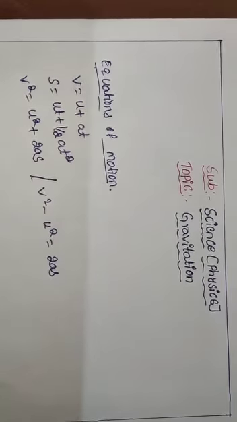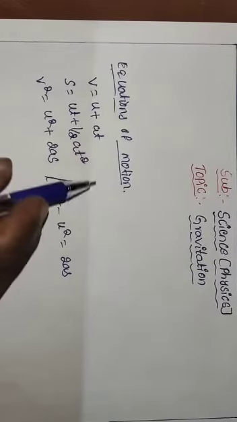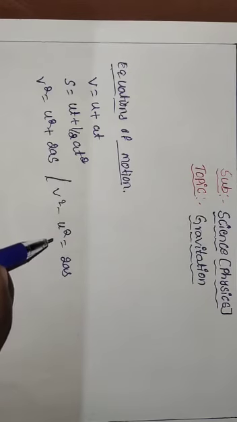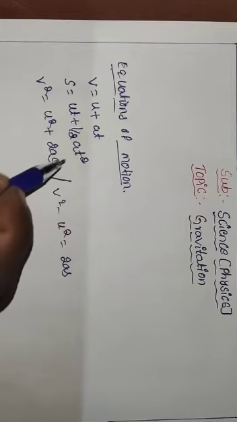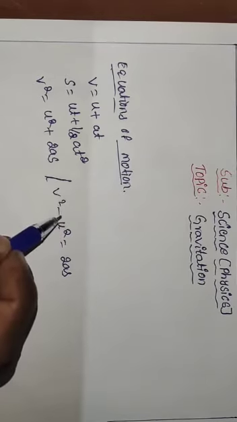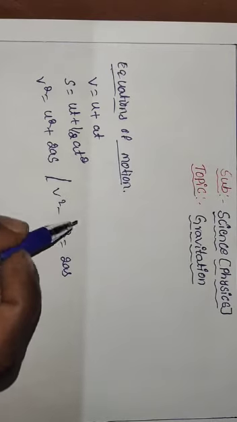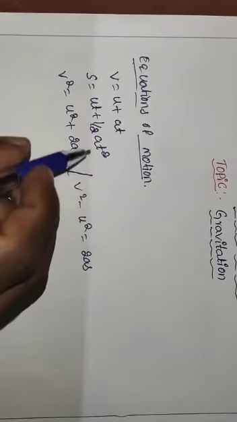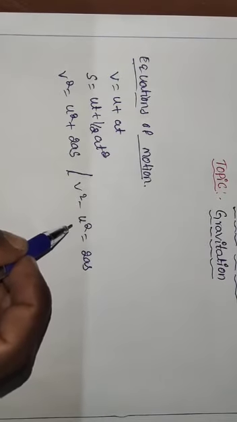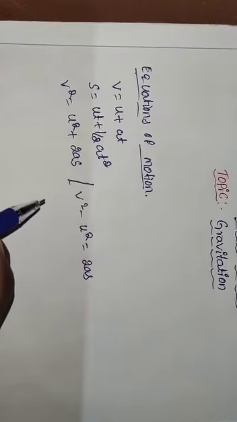Both are the same. These three equations are called equations of motion. Now we have to write these equations under the influence of the gravitational force. When we write these equations under the gravitational force, we can see different situations.